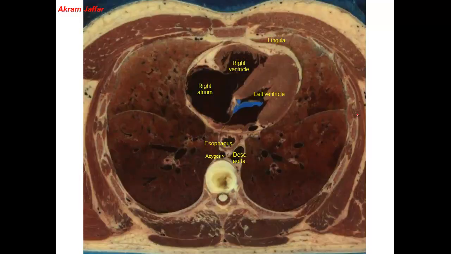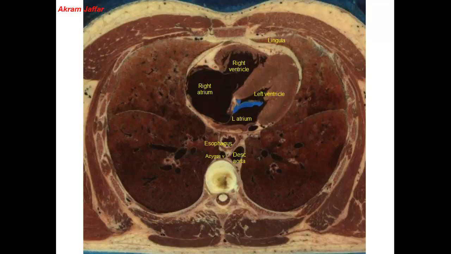In a lower section, we will be able to see more of the features of the heart. In the posterior structures of the mediastinum, we can see the descending aorta, the azygous vein, and the esophagus. Just anterior to the esophagus, we can see part of the left atrium, and here is the right atrium on the right side, with the right atrioventricular orifice leading to the right ventricle, constituting most of the anterior surface of the heart.